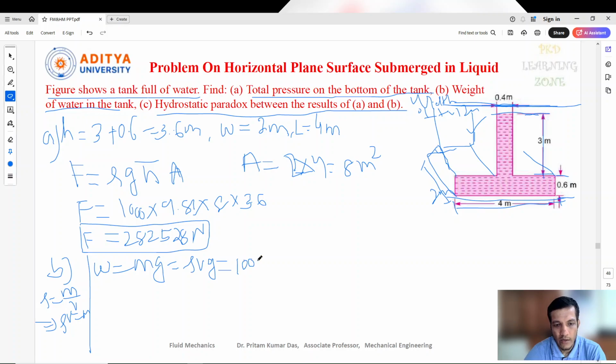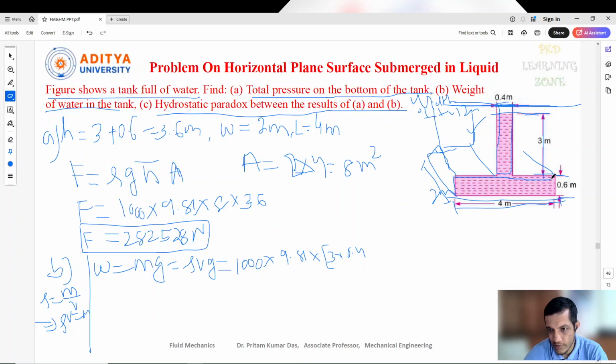What is the rho value? We know that water density is 1000 kg per meter cube, and this is 9.81, and the volume we can calculate. The shape of this part will be different and the shape of this part will be different.